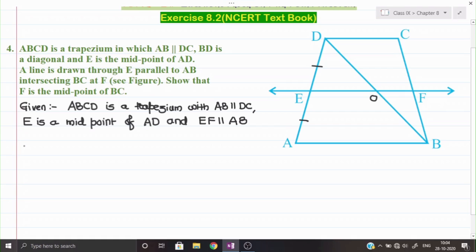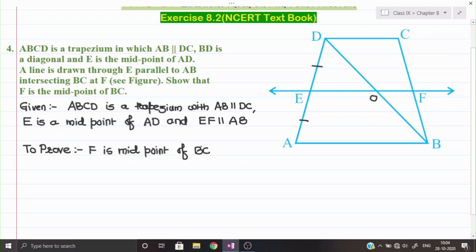Now what we need to prove, we will mention: to prove, F is the midpoint of side BC.